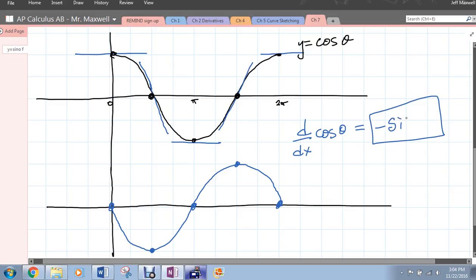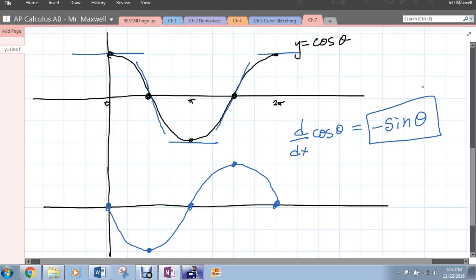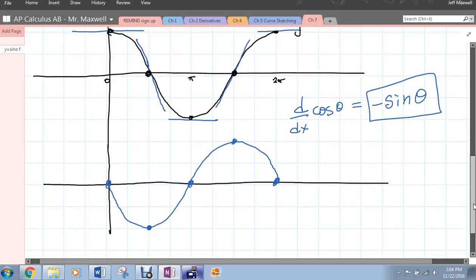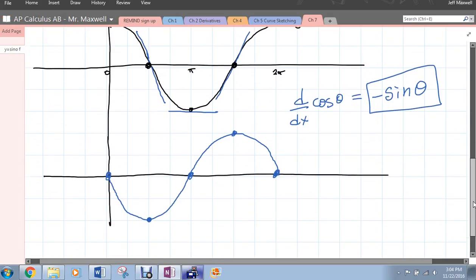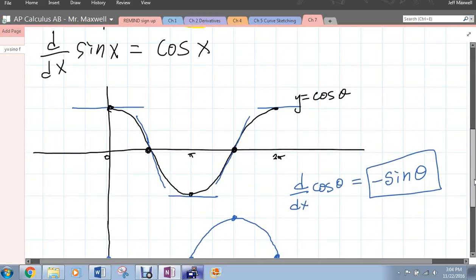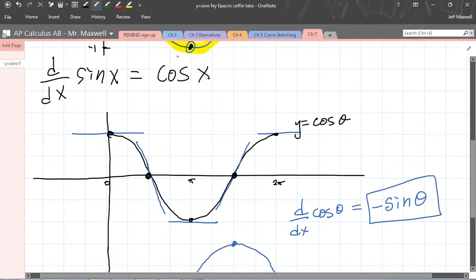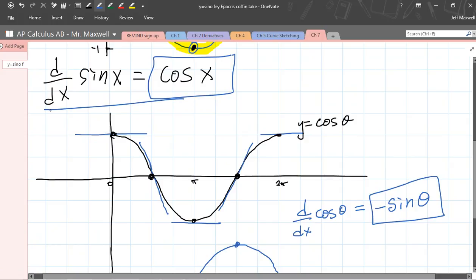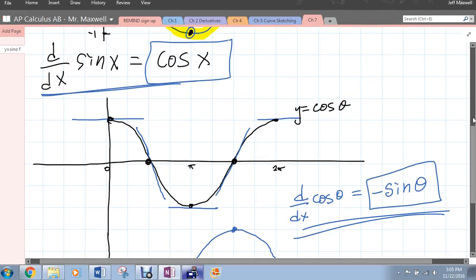Of course this would continue on forever and ever, in both directions. All we need to look at is one period. So the derivative of cos is negative sine, and the derivative of sine is cos. So that's going to be huge going forward here. Okay, understanding those derivatives. And we'll do a couple questions where we'll need to use those.